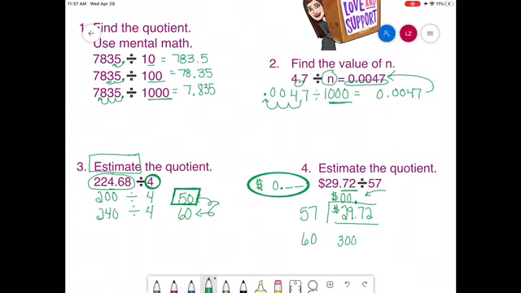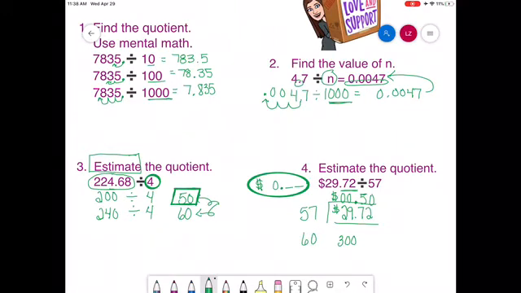Would 300 be a good compatible number? Yes, it would. So 60 goes into 300 5 times, right? 5 times 60 is 300. So remember, when you are using compatible numbers, or even when you are doing any kind of estimating, you get that first number, the rest can just turn to 0 because we're estimating. We don't have to continue to divide here. So our answer is going to be 50 cents.